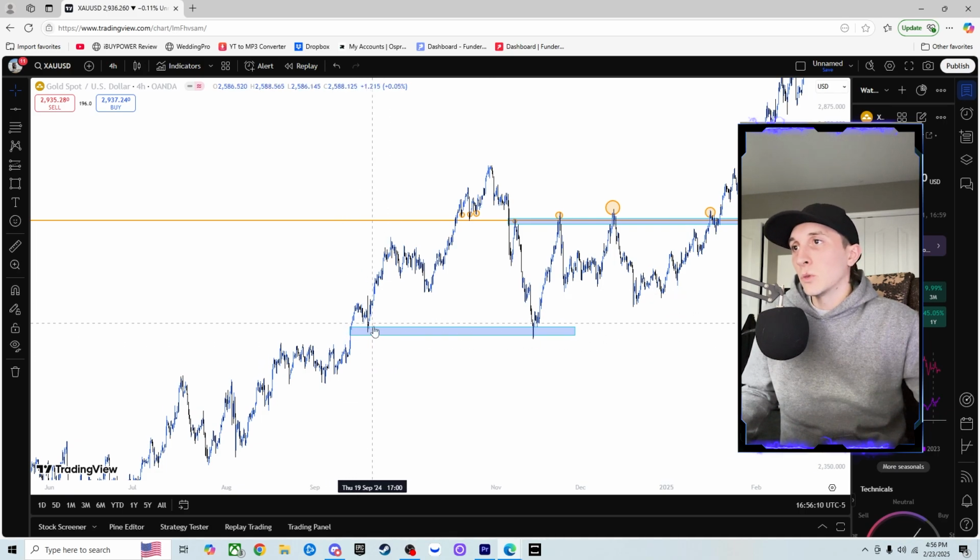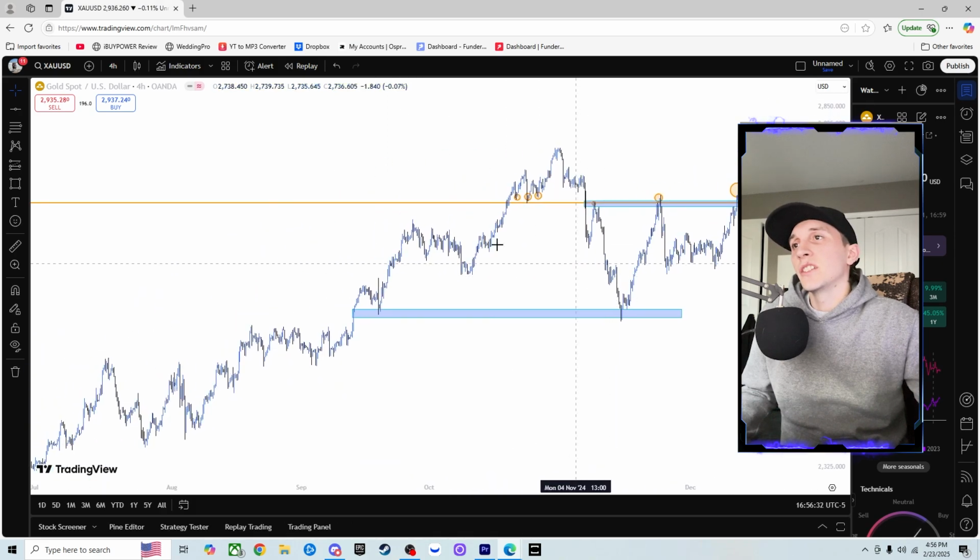Like right here, we pulled down to it, tapped this area, and ran up from 2,550 to 2,685, a 100-plus point move on gold, which in this case I think would be the equivalent of about 1,085 pips. I might be wrong there, to be honest, but it's a much harsher move to the upside.